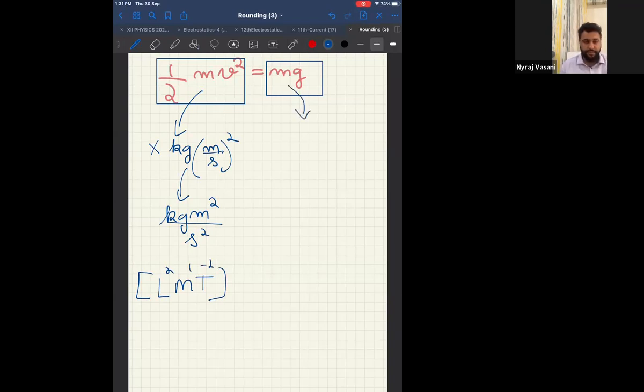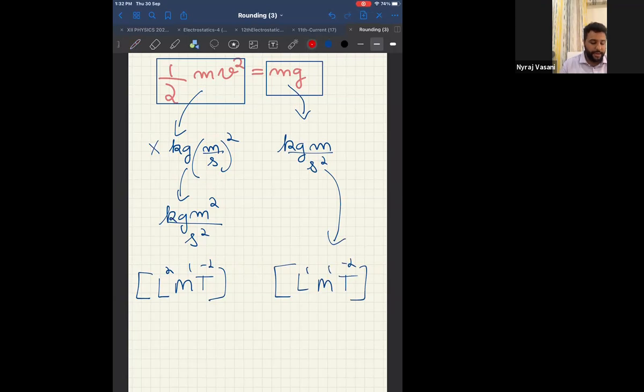Similarly, mg, mass is kg, acceleration due to gravity is same as acceleration, which is nothing but meter per second square. And kg meter per second square.